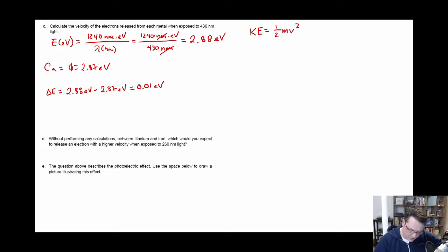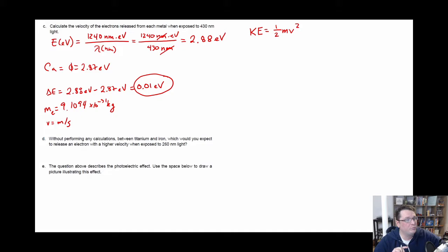We know what the kinetic energy is, and we're going on the assumption that all of the remaining energy is being transformed into kinetic energy for this electron. We know the mass of an electron is 9.1094 times 10 to the negative 31 kilograms. The velocity is what we're solving for, in meters per second in these cases.